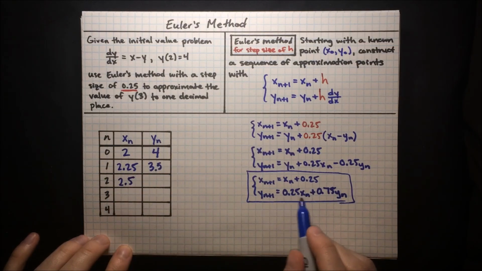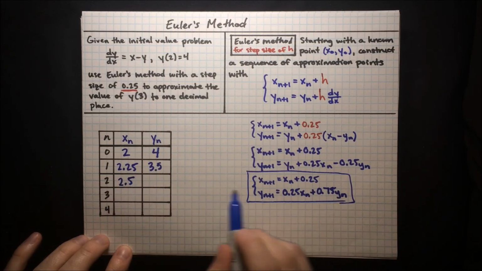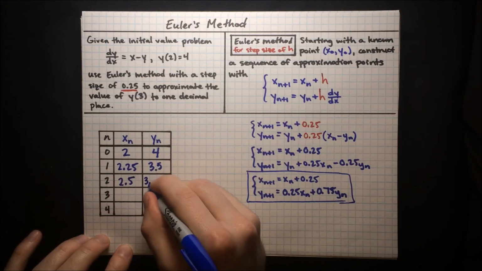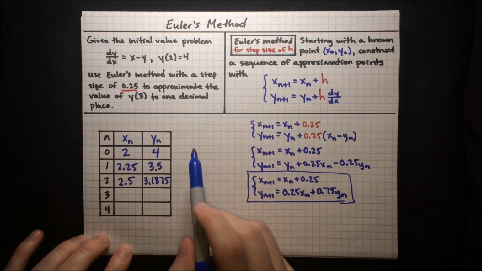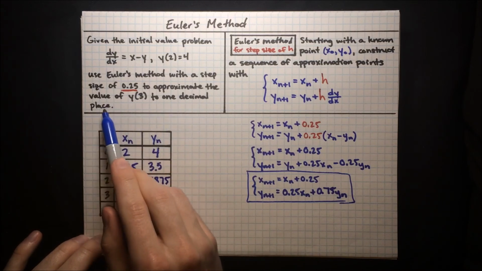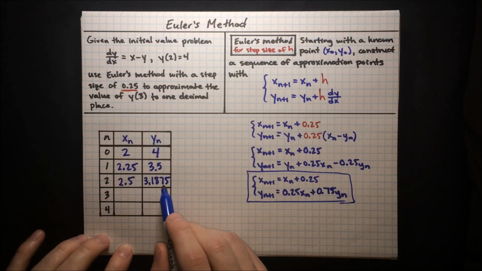So 0.25 times 2.25 plus 0.75 times 3.5, and let's punch that into our calculator, and we get the result of 3.1875. Again, since we want to approximate the final result to 1 decimal place, we're going to carry several more decimal places through our computations, just so we avoid any round-off error problems. 4 decimal places should be good here.